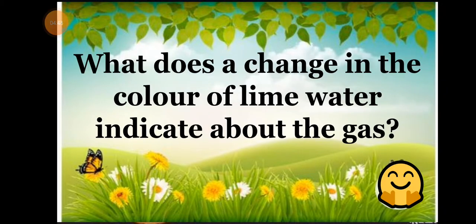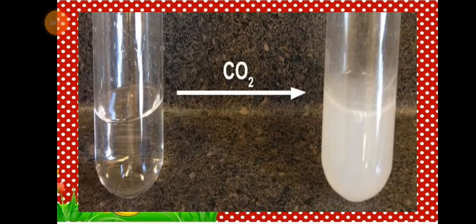What does the change in color of lime water indicate about the gas? The change in the color of lime water confirms the presence of carbon dioxide. Here you can see plain water, and how after adding carbon dioxide it turns lime water milky.